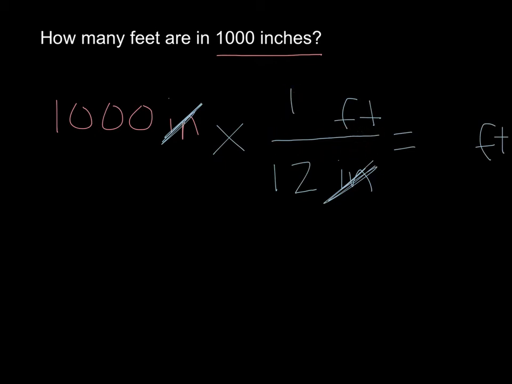Multiply by the top, divide by the bottom. So I'm writing in my calculator 1,000 times 1 divided by 12. The answer my calculator gives me is 83.333333, but in this class we're always going to round to no more than the hundreds place.